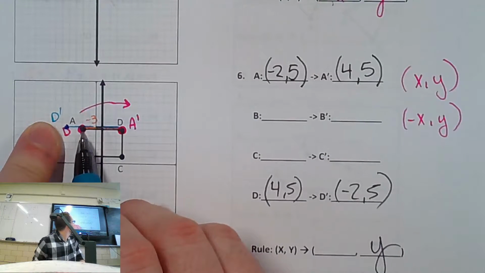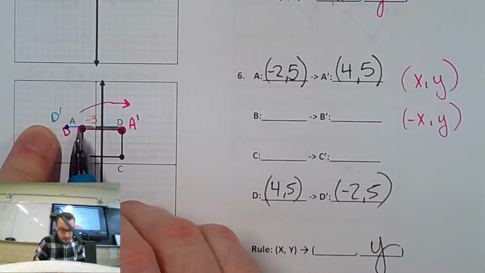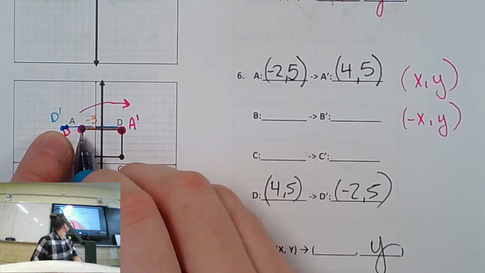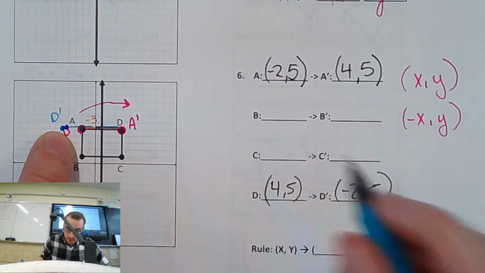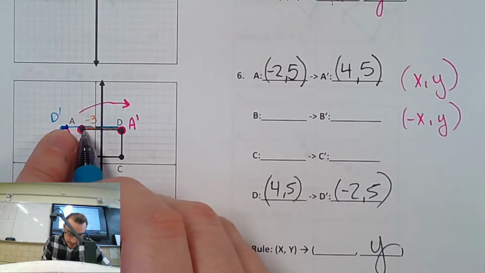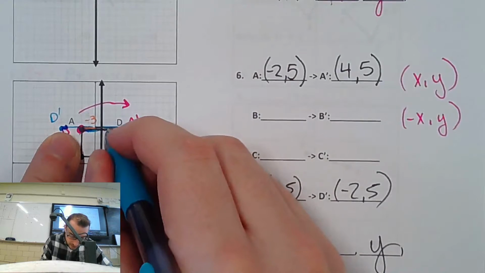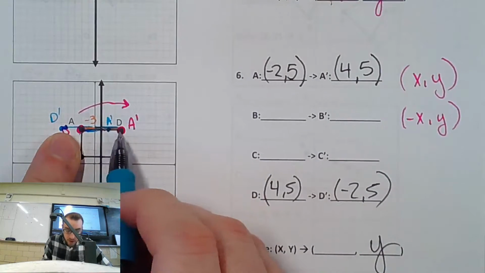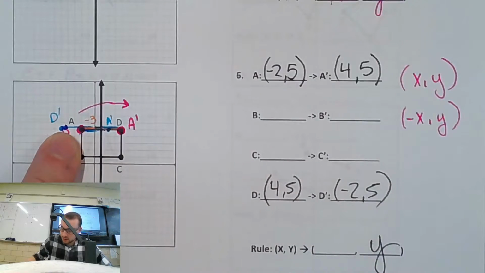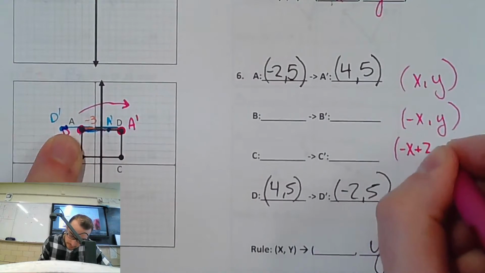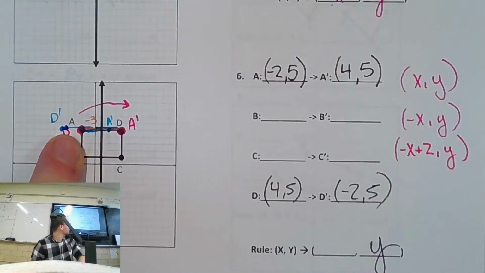How far would they be off by? 2, right? Same thing for A. A is 2 away from our line, our y-axis. If I were to flip it over there, it'd be 2 away here. And it would be 2 off of where it needs to go. So here's what we're going to do. We're going to apply that flip and negate the x, but then we're going to add 2. And that's going to be our rule.